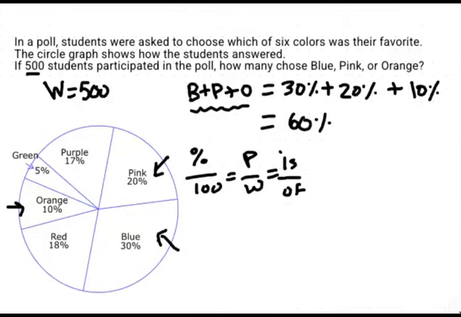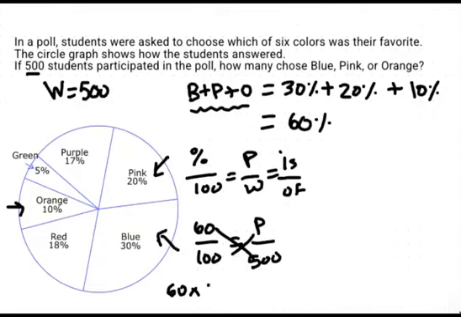Percent over 100, so percent is 60. 60 out of 100 represents my part, which I don't know, over my whole, which is 500. Okay, so fraction equals fraction, cross multiply. So I've got 60 times 500 equals 100 times p.